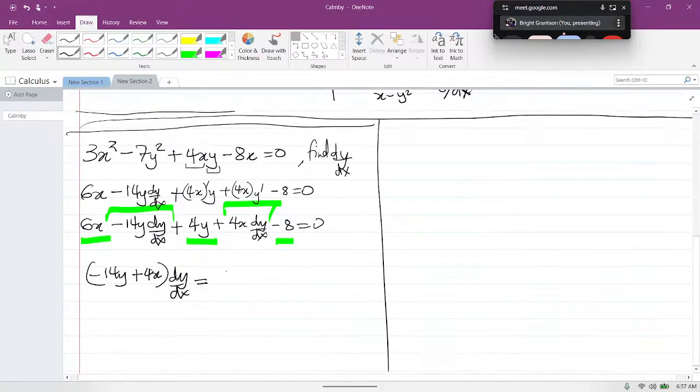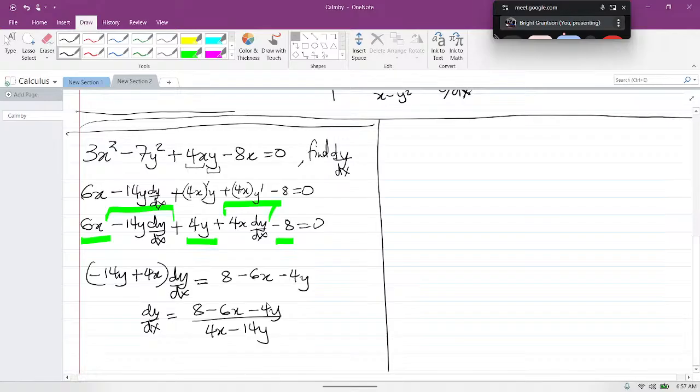Then we move 8 to be positive 8, negative 6x, negative 4y. Now let's move this one too. So dy/dx becomes 8 minus 6x minus 4y all over negative 14y. Or better, you can rearrange it: 4x minus 14y.